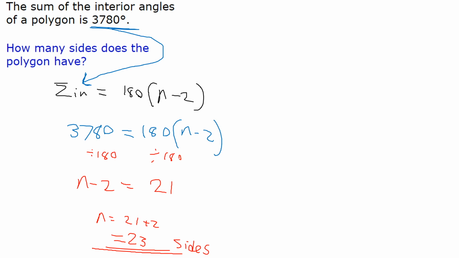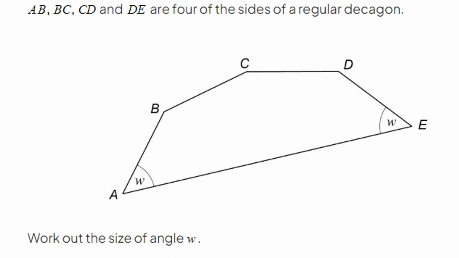Let's answer some exam questions on this topic then. So we are told that AB, BC, CD and DE are four sides of a regular decagon, which has 10 sides. So what is angle w going to be? Well, if it has 10 sides, then what does the exterior angle equal?